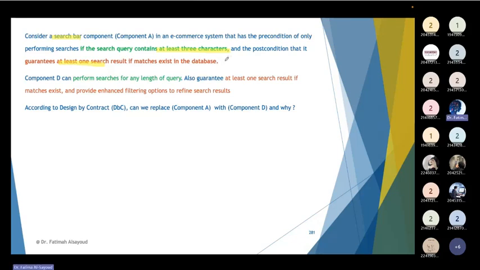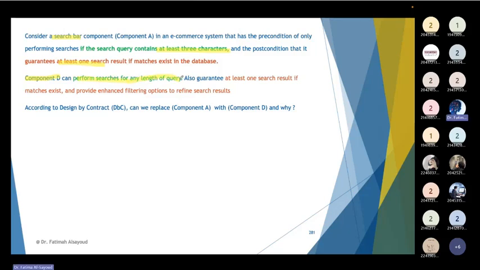Then this employee resigned and another one came to complete this process and said: I'm not going to provide you with this search bar component, I'm going to provide you with a different component. What is the assumption of this new component? It performs search for any length of query.